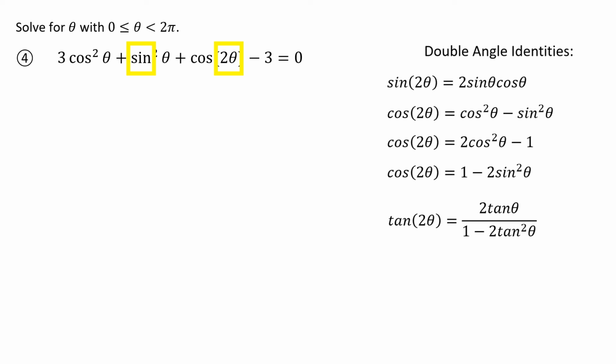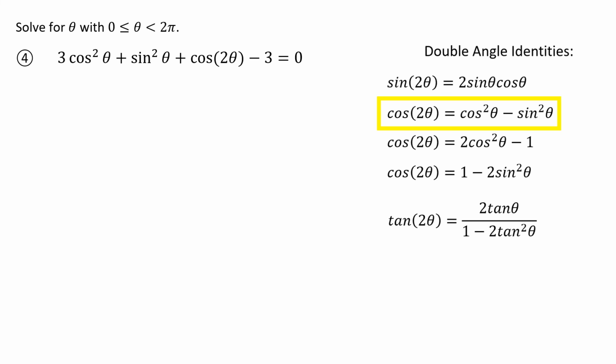Is there some way that we could eliminate that sine? I have to make a trade because the 2 theta does not agree with the theta, and I'd like to rewrite everything in terms of cosine. So there's my choice, because that negative sine squared of theta will cancel the positive sine squared of theta.